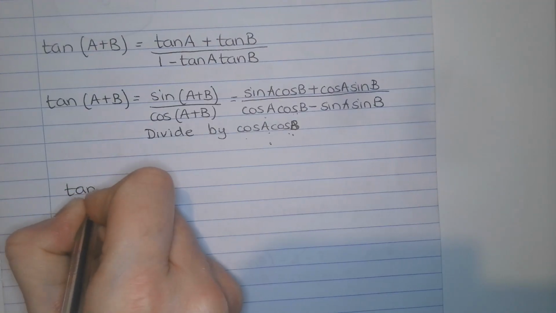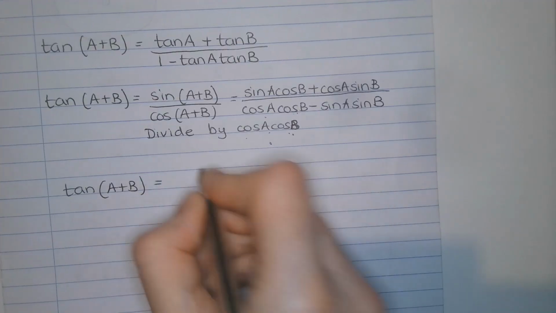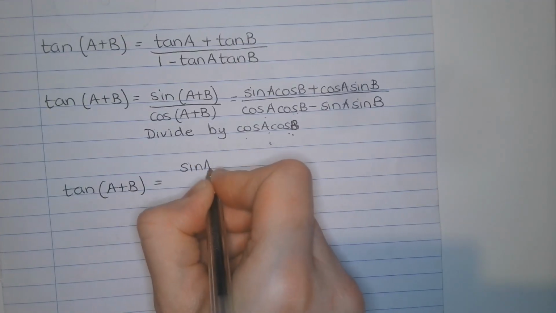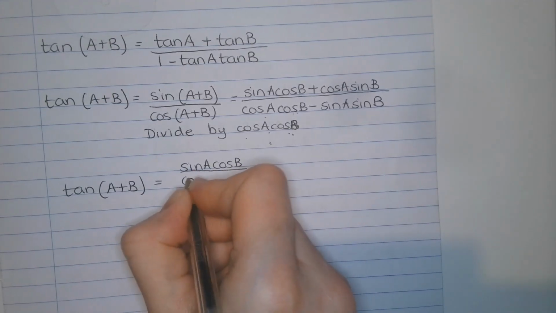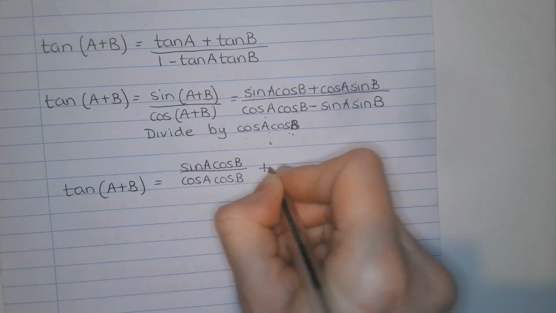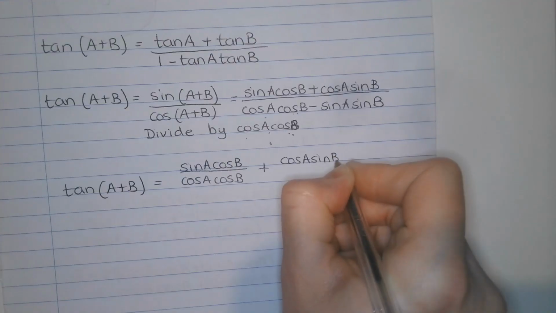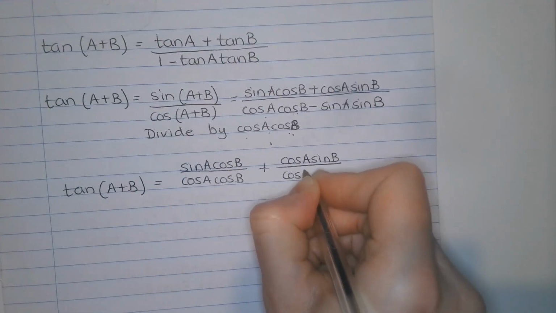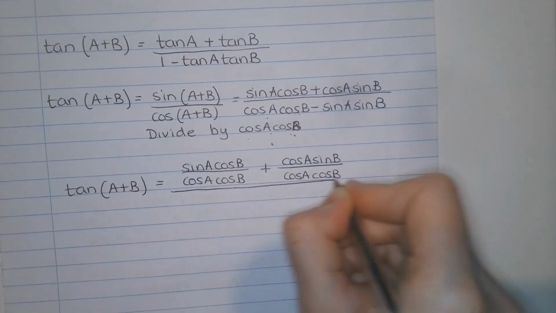So what we can say is that the tan of A plus B will be equal to sine A cos B over cos A cos B plus cos A sine B over cos A cos B. So that's our numerator divided.